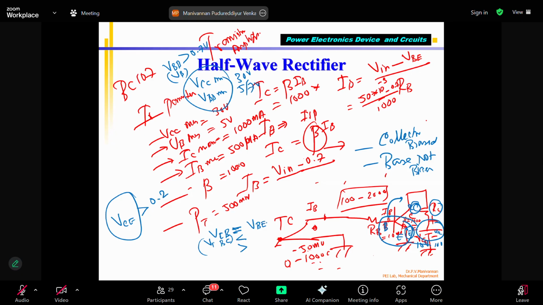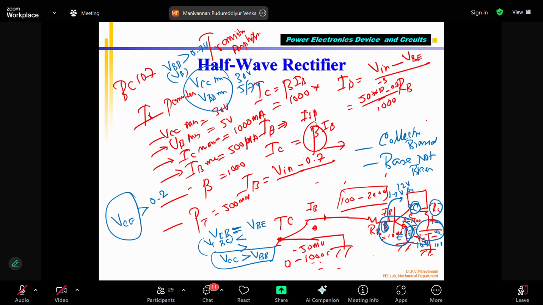Any idea? And I will put it around VCC should be greater than VBB. Do you remember that? That means if the collector voltage is 12 volts, the base voltage should be a minimum of 1.2 volts less. How much can the maximum VB be? This voltage can be 10.8 volts only. Then only the transistor will work as an amplifier.